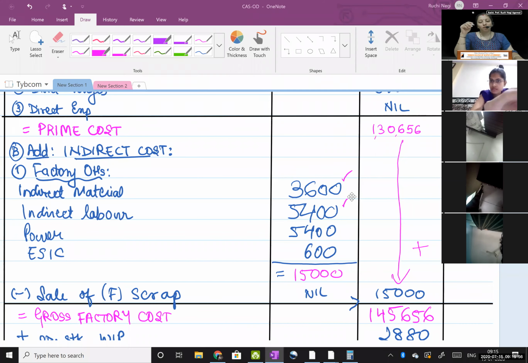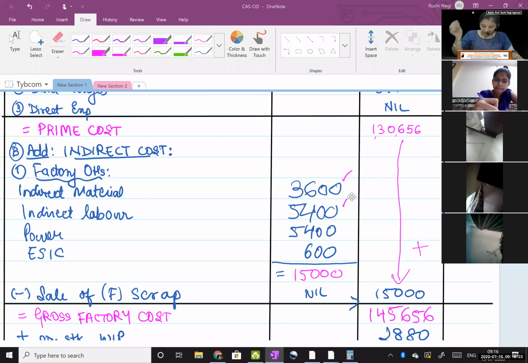White collar employees are employees who work in the office, and yellow collar employees are employees who work in the factory. For white collar employees we have provident fund contributions, which will be seen in admin overheads. For yellow collar employees we have ESIC. We don't use the word provident fund there; instead the word is ESIC, Employer State Insurance Contribution. So it is related to the factory, and it will be under factory overheads.